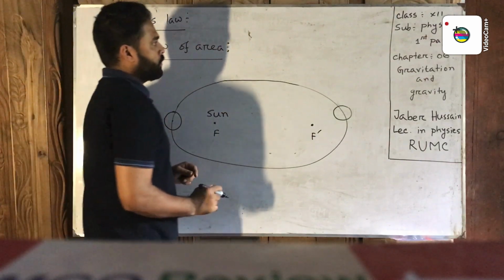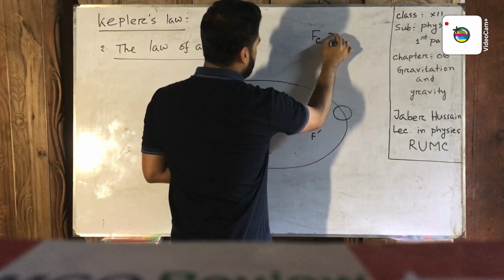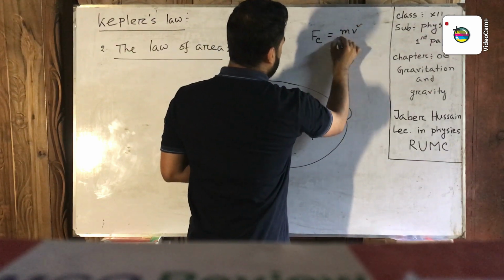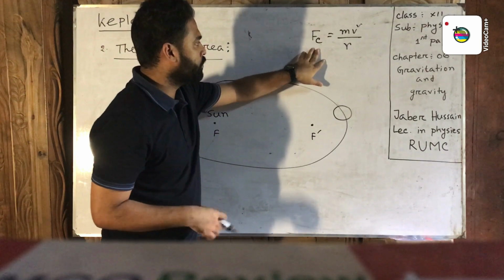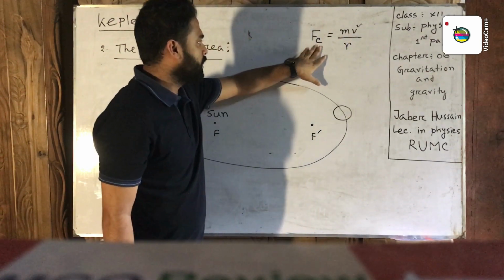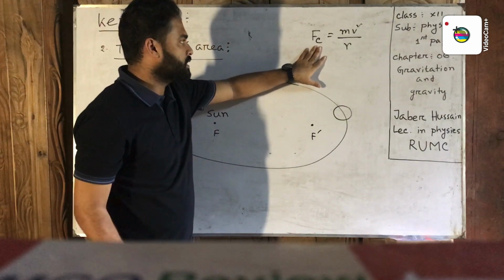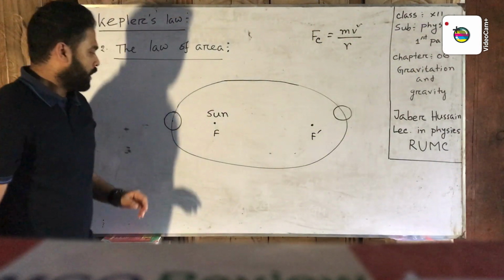Now we know that the equation of centripetal force is Fc equals mv square by r. In this equation, if centripetal force is greater, the velocity will be greater. If centripetal force is smaller, the velocity will be smaller. So look at the figure.